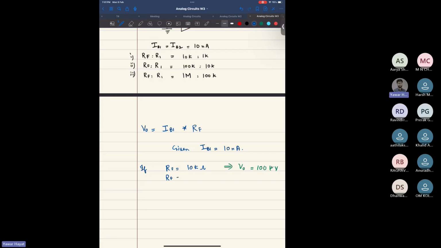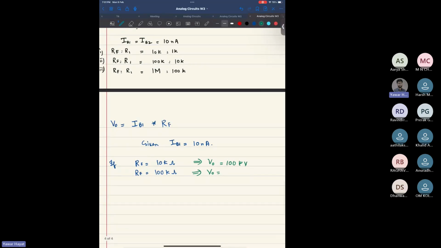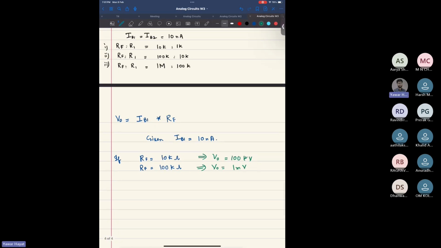Likewise, if RF is equal to say 100 kilo, right? Then your V output is equal to how much? If you multiply 100 kilo by 10 nano, that would be 1 milli, correct?